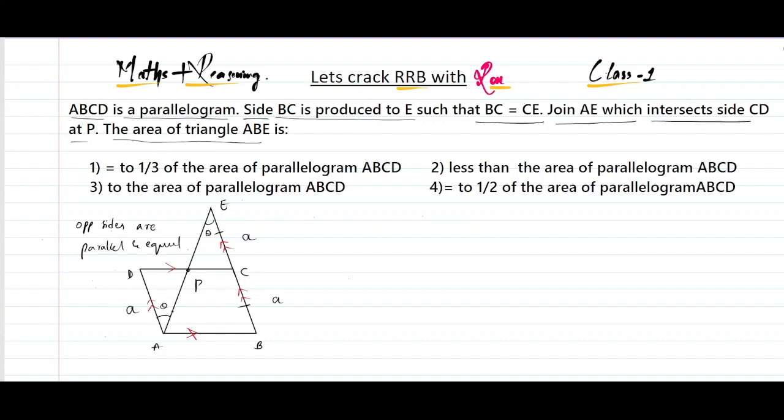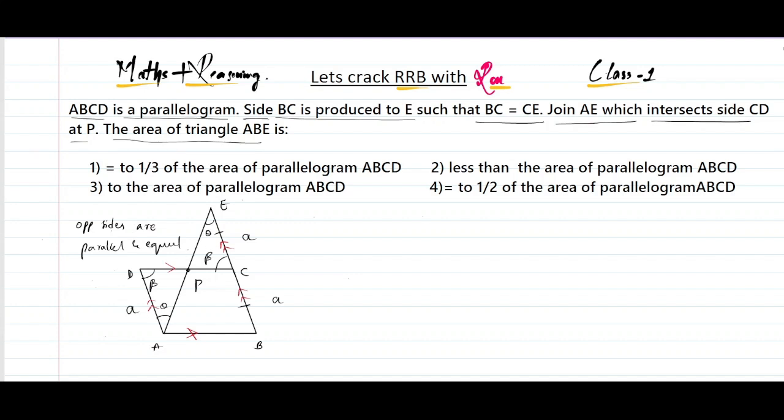Similarly, if these two are parallel lines and CD is the transversal, corresponding angles are equal, right? If this is beta, this is also beta.